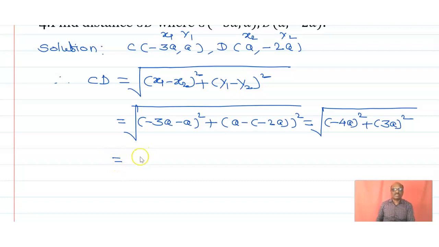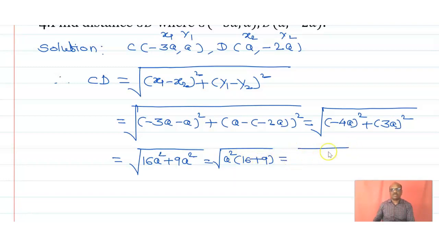Then what is the next, root of 16a square plus 9a square, and that a square we take common, 16 plus 9, and here you will get 25a square, and that is equal to 5a.